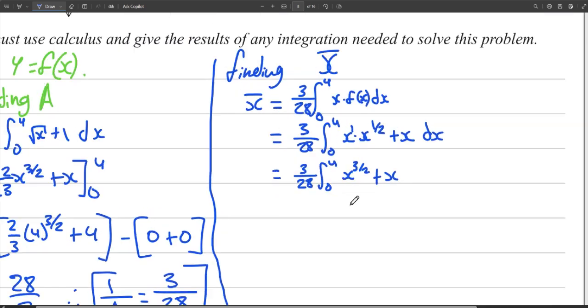And so now we can start integrating this. So we will just get 3 on 28 times x to the 3 on, oh no, we haven't even integrated it. Let's integrate that. So 3 on 2 plus 1.